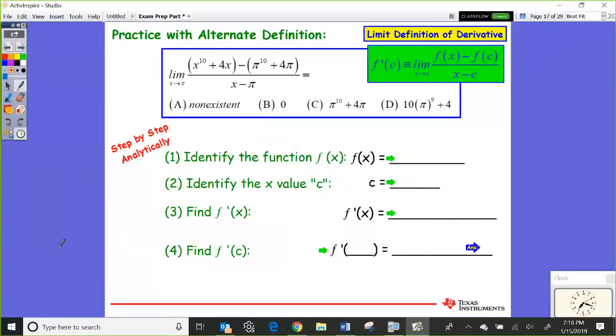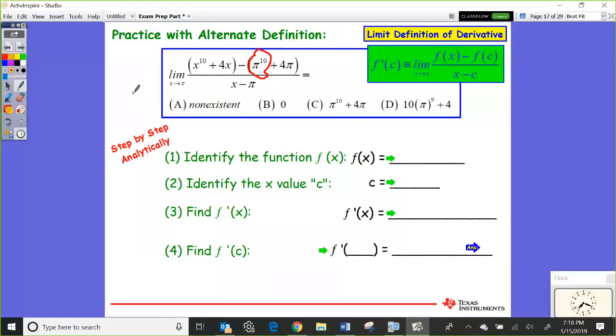Again, you could do L'Hopital's rule from it, but all right, what's the derivative of pi to the 10? Do you know how many true-false problems I've given on a test where they take 10 pi to the 9th, and it's false, but they'll tell me true? So you've got to be careful, especially when you throw in something other than x that's a constant, that they're not going to do L'Hopital's rule right.